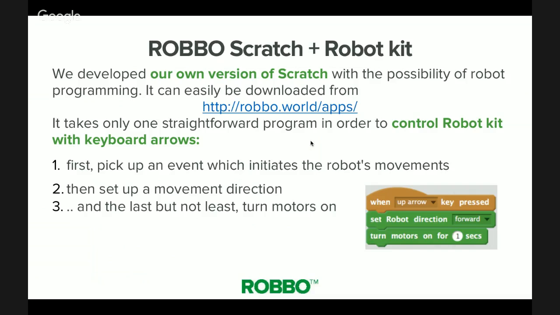And so the first program which we suggest is just starting moving the robot. You first have to pick up one of the blocks that will tell the robot to initiate the program.